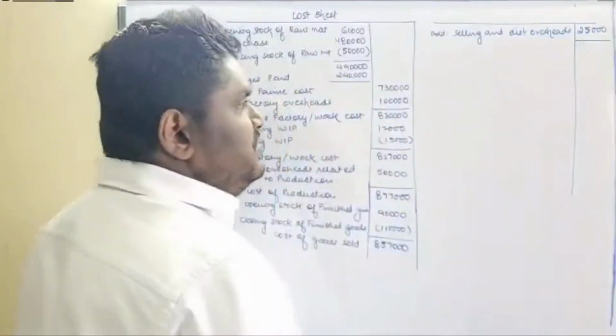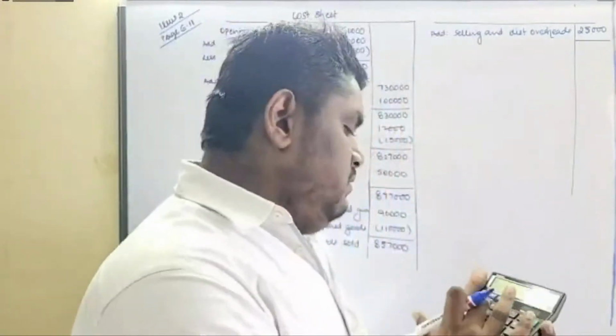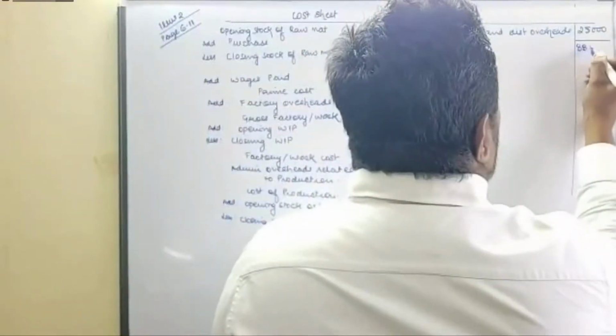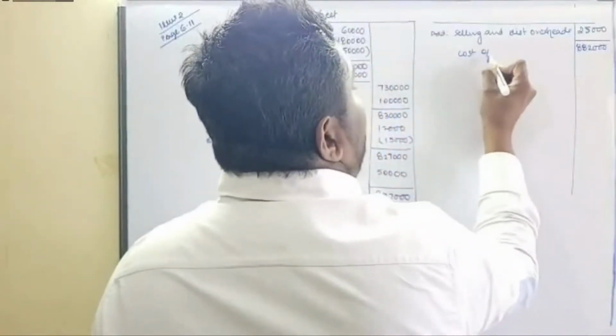Rest all, no information is given in the question. So 8,57,000 plus 25,000, this will be 8,82,000. This will be cost of sales.